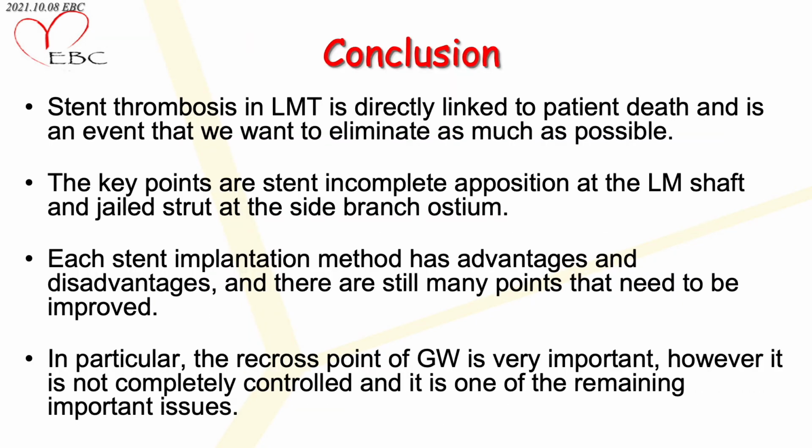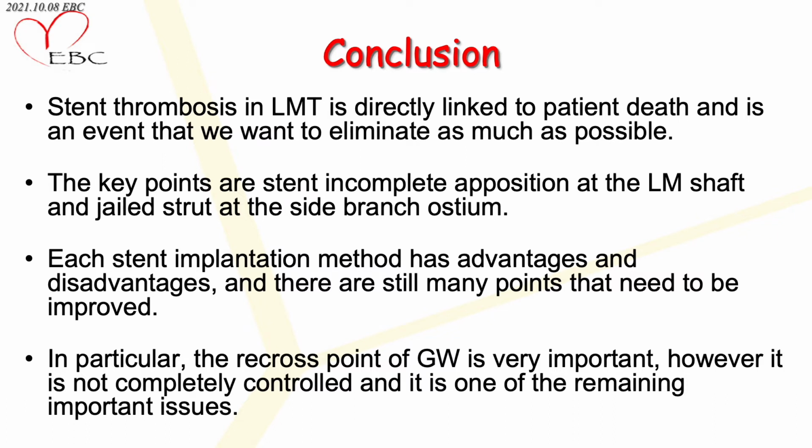My conclusion: stent thrombosis in left main is directly linked to patient death and is an event that we want to eliminate as much as possible. The key points are stent incomplete apposition at the left main shaft and jailed struts at the side branch ostium.